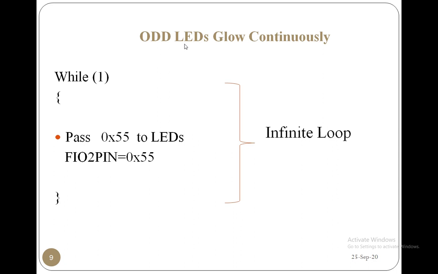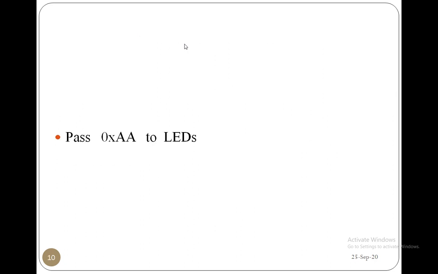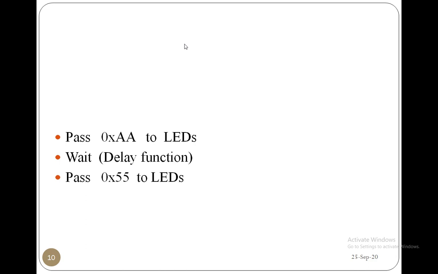Then what to do? First pass 0xAA to the LEDs so that you can activate the even LEDs, wait for some time, and after that pass 0x55, then the odd LEDs will glow. This should be repeating continuously.